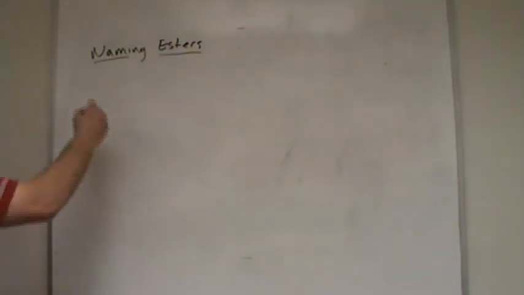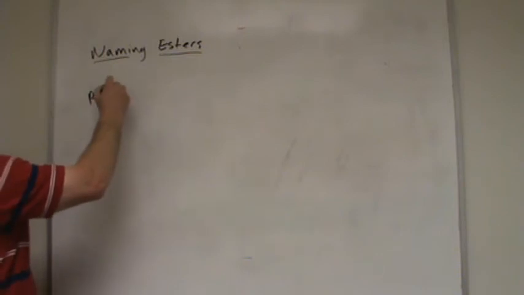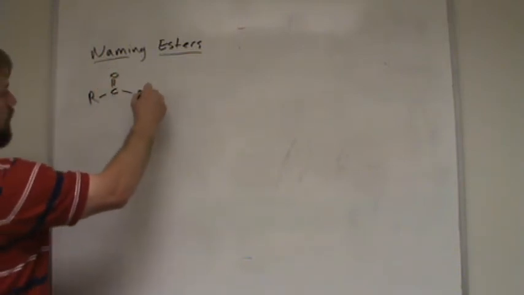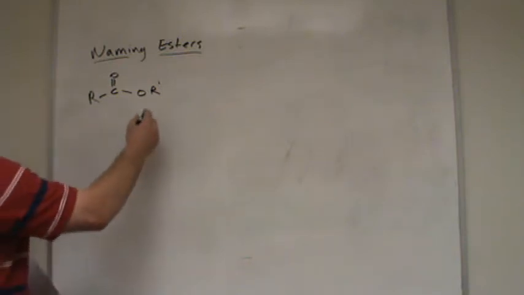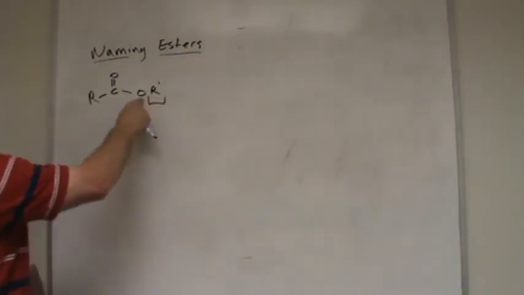Remember, an ester has the generic structure that looks like that. So we've got two portions. We've got two R groups. We've got the R group that's attached to this oxygen, and then the R group that's attached to the carbonyl carbon. We've got to name both of them, or include both in our name.